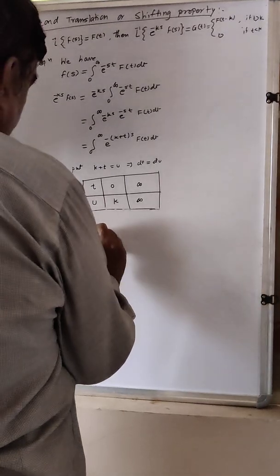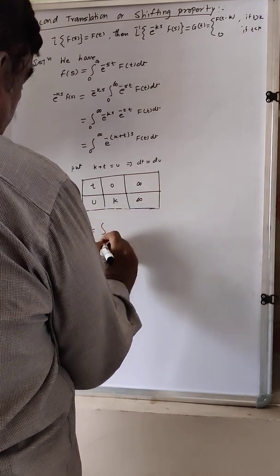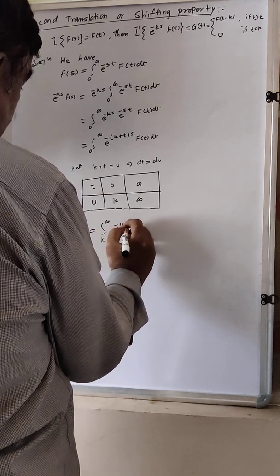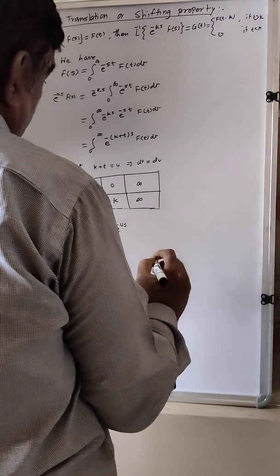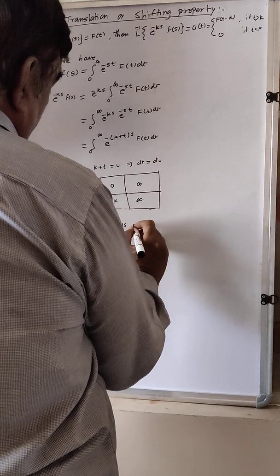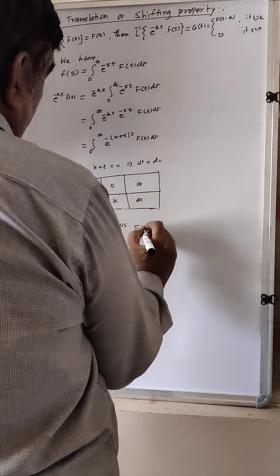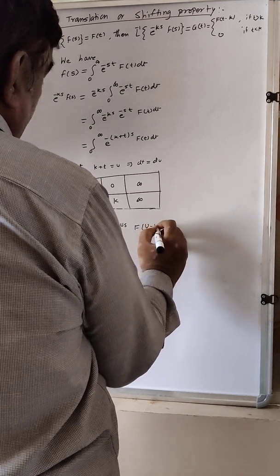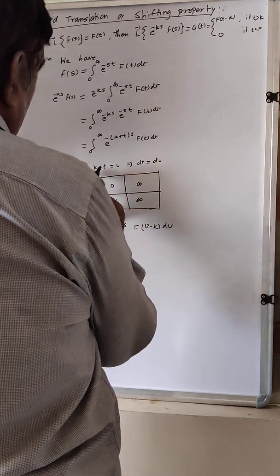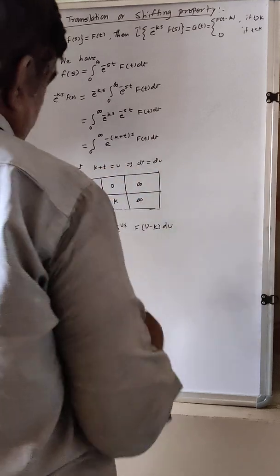Therefore we get the integral from k to infinity of e raised to minus us, here f of t, therefore f of (u minus k) du. Here k plus t is equal to u, therefore t is equal to u minus k.